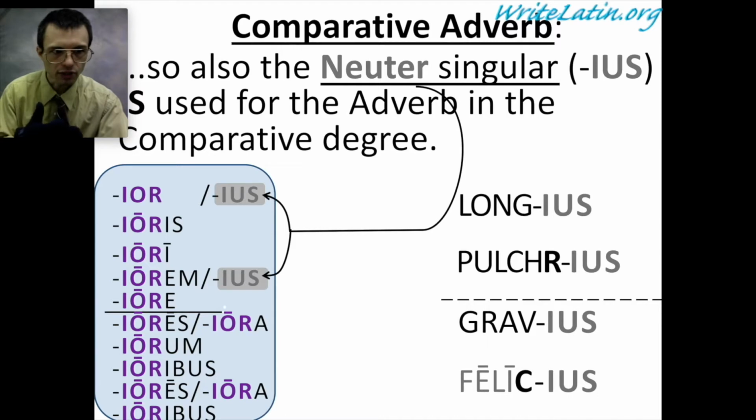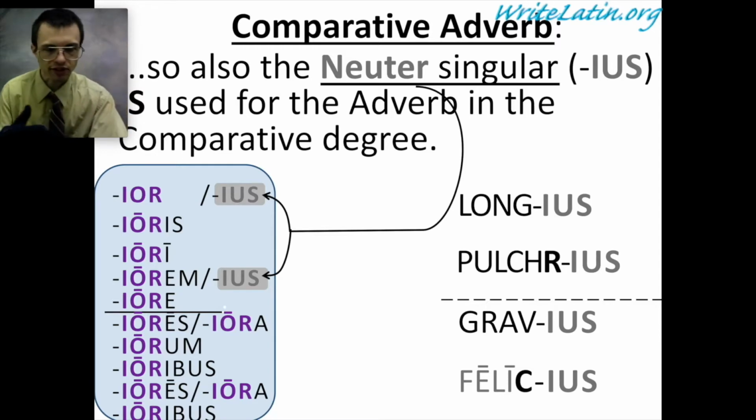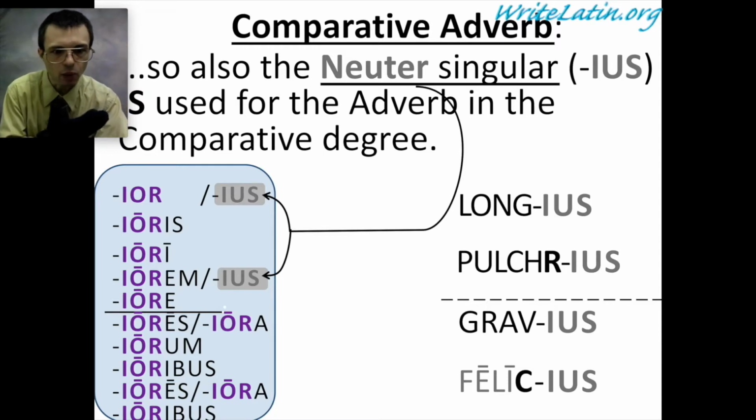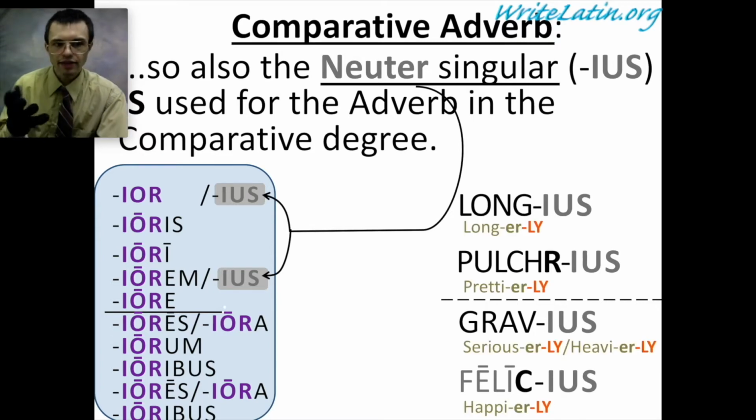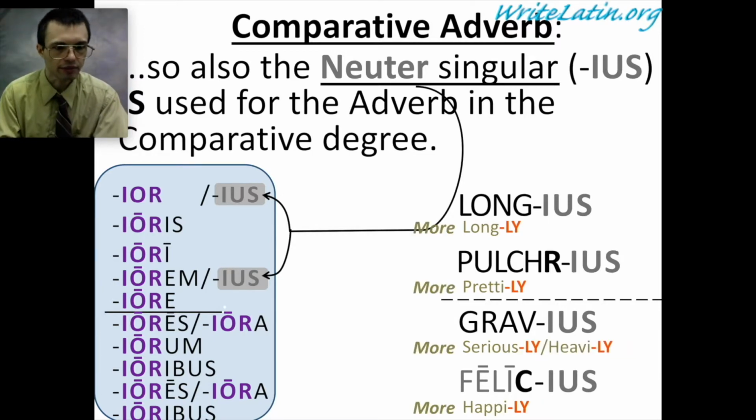So this is going to be completely expectable. So longius could mean a longer thing, or it could mean longerly. Pulchrius, a prettier thing, or prettierly. Gravius, a seriouser thing, or seriouserly. You get the idea. And this is a good time to also go into the ways to communicate comparative in English. Because I've been saying blankerly, but you could also have more blankly, right? Because that is also comparative.